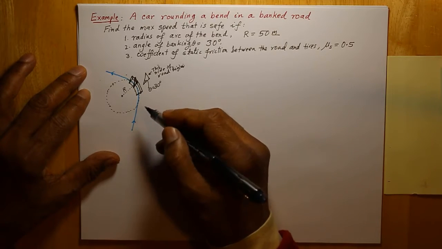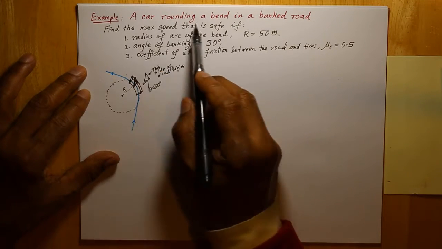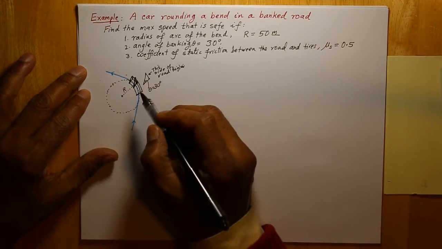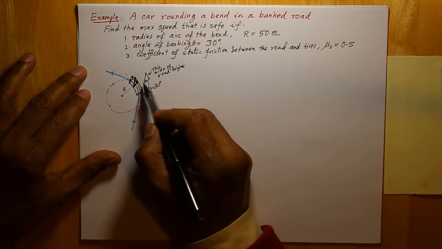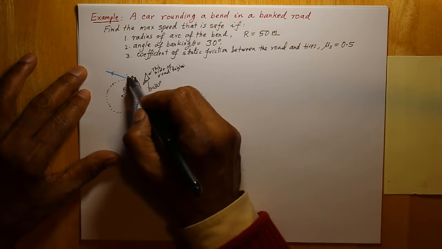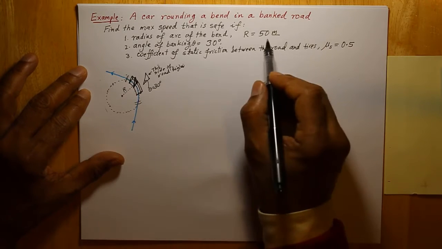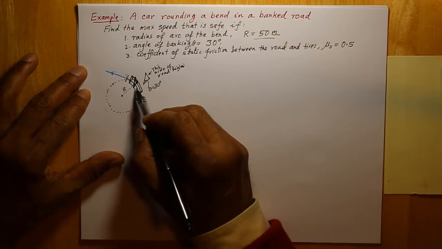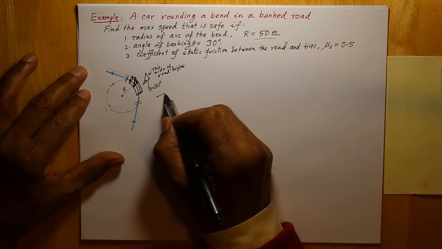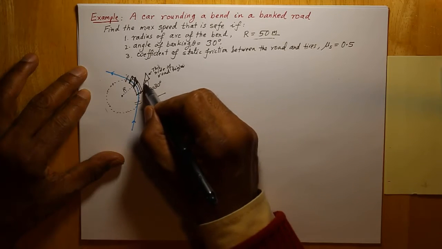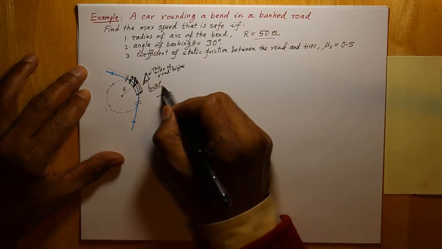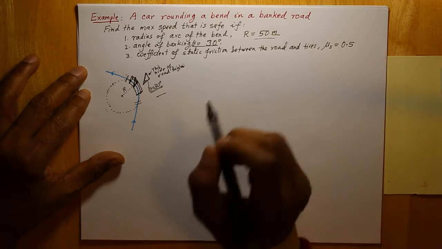A car is going round a bend, and you can think of this part as a part of a bigger circle, whose radius is 50 meters. But the road is not really flat: one end is higher than the other end, and this angle is called the angle of banking, taken to be 30 degrees.